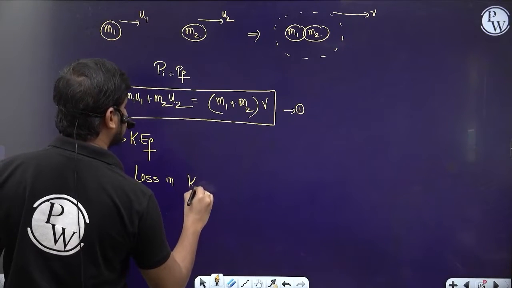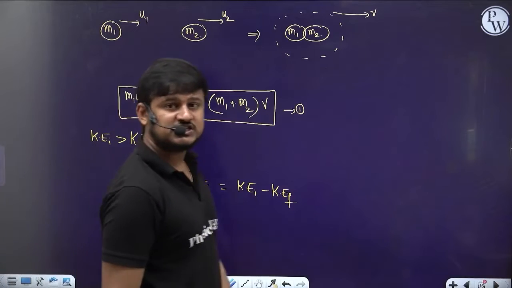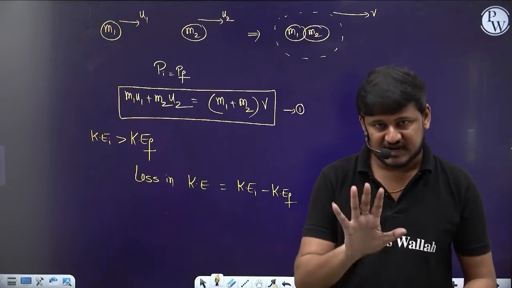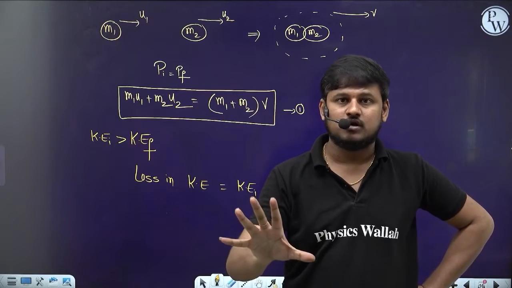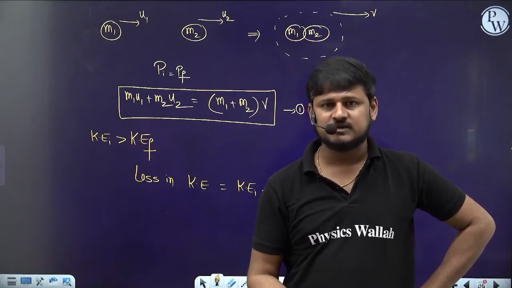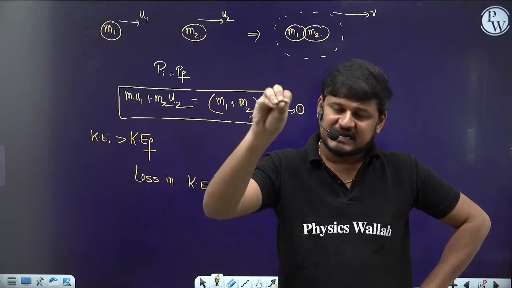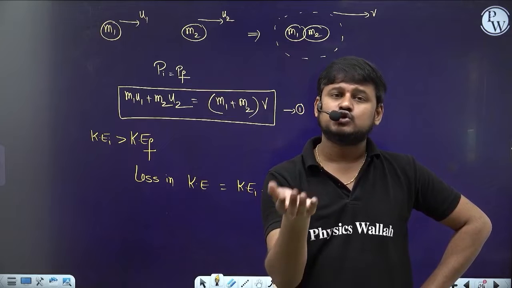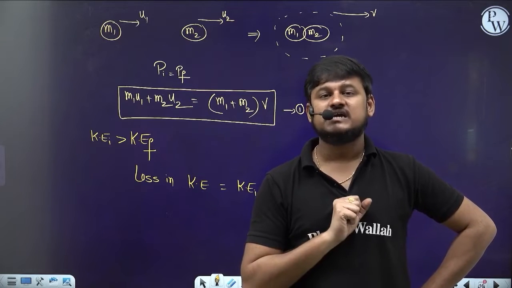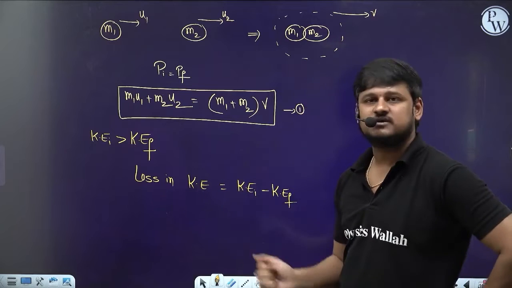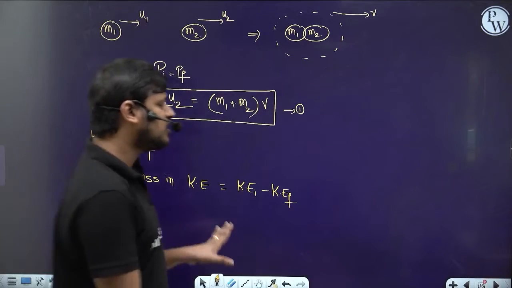It is equal to KE initial minus KE final. So in inelastic collisions, energy loss takes place after the collision. For example, simple thing: if you just throw a ball downwards, then it rebounds, yes or no? For the first rebound, it reaches some height. Then you let it go, and again it goes to the ground and rebounds. The second time, its height decreases. Why? The collision with the ground is an inelastic collision, where some energy loss takes place. So what is the loss in kinetic energy? It is the kinetic energy initial minus the kinetic energy final. So this is all about the inelastic collision.